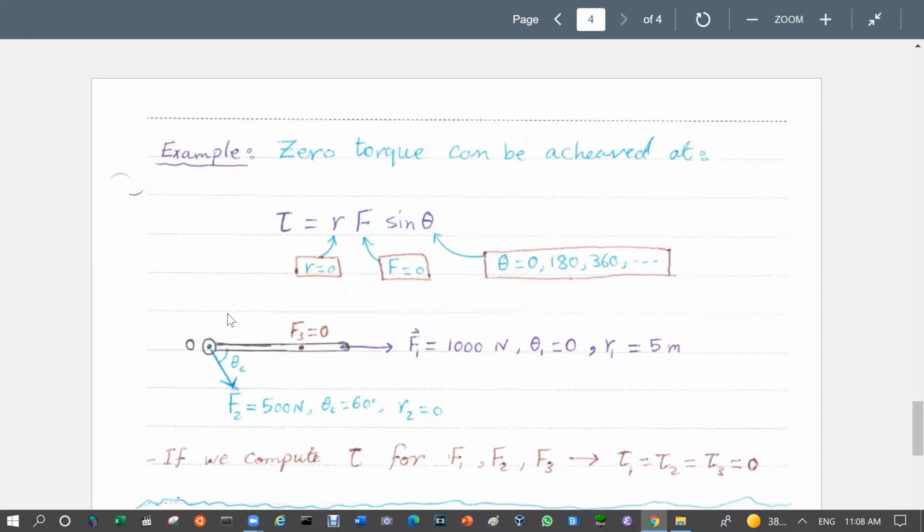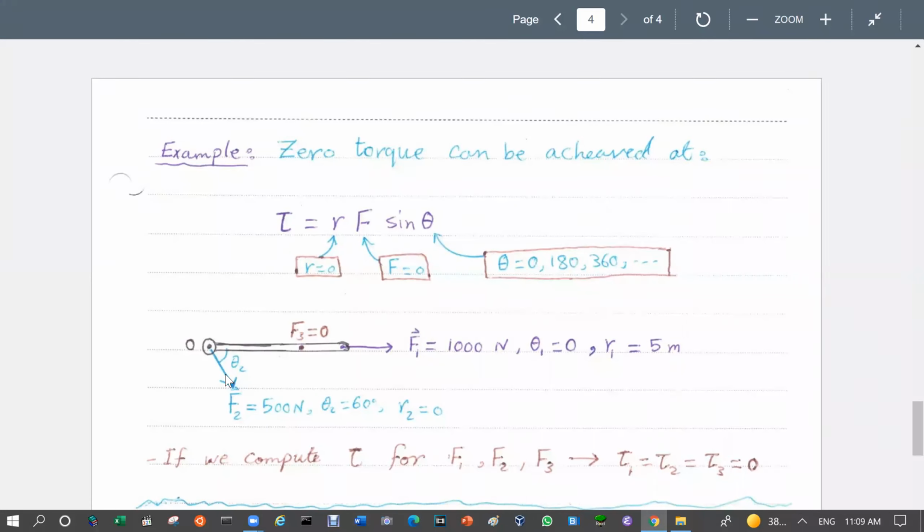Okay, now let's see when the torque is equal to 0. The torque is equal to R F sine theta, so it depends on 3 quantities: R, F, and theta. If R is 0, then the torque is 0.